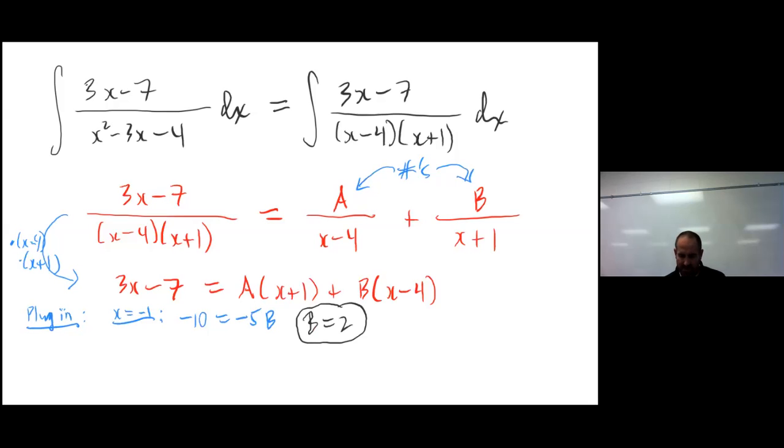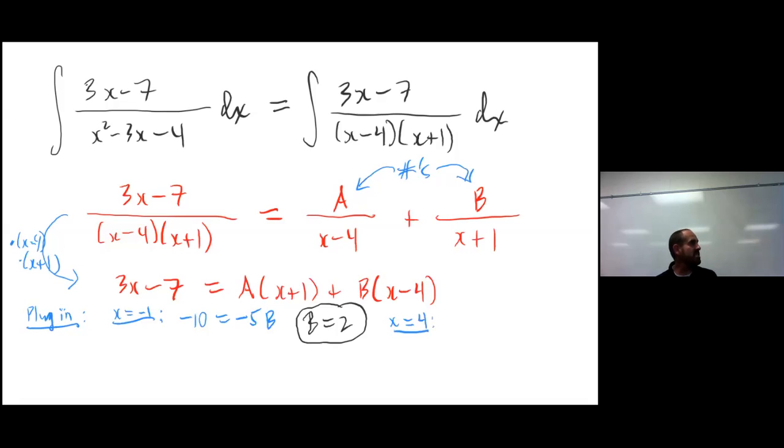Exactly right. Okay. Secondly, just so I can save some room, I'm going to write it off to the right here. X equal to 4 is a good choice, because that kills off the second summand that involves b.